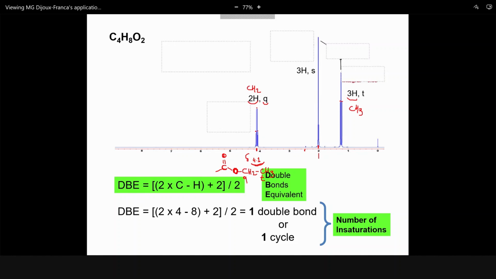Anne? Yes. The signal at 2 ppm is the CH3 next to the ester.